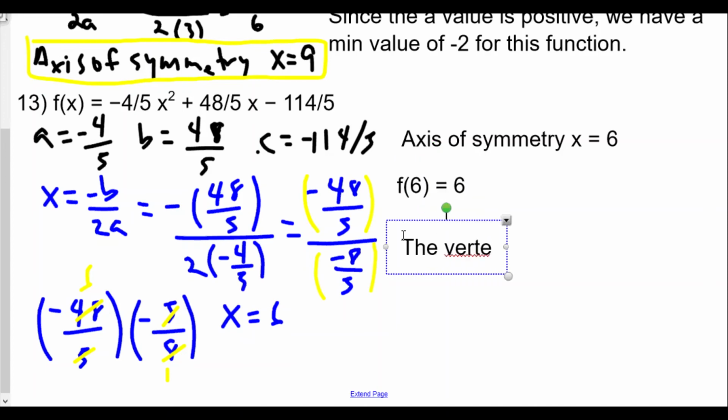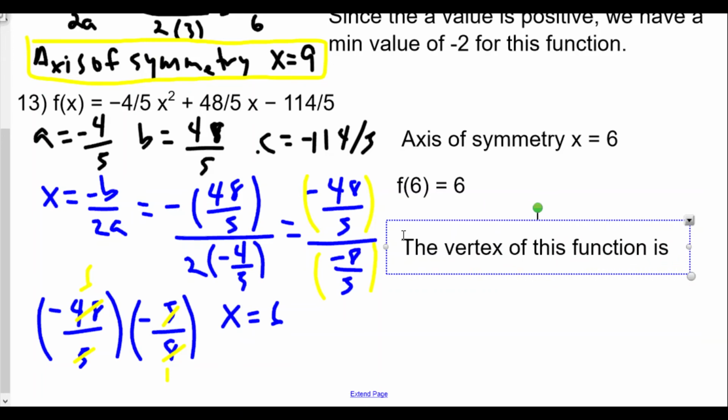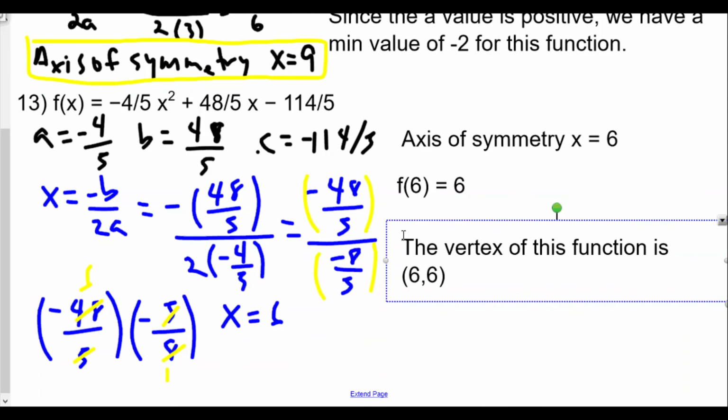The vertex of this function is (6, 6). Now, the x value is 6, the y value is 6, so (6, 6) is the vertex.